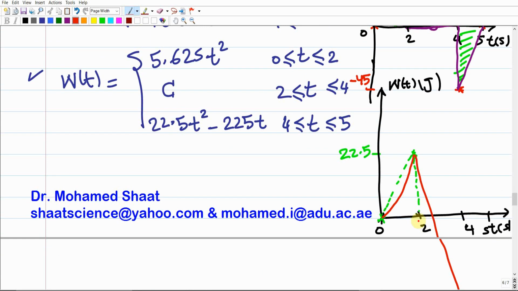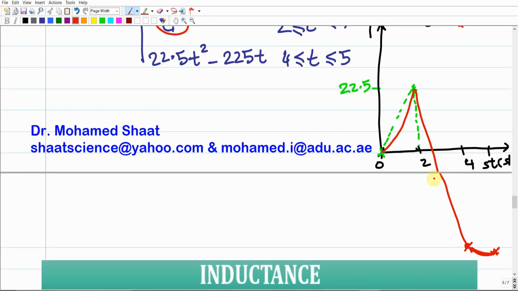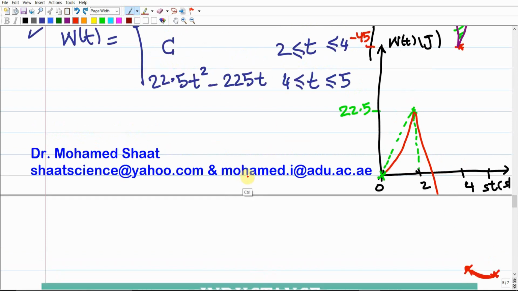But the energy function within this time period should be a constant function, right? So if we connect these 2 points together, it means there is something wrong. It means that this function doesn't work for us, and this demonstrates what I said above.